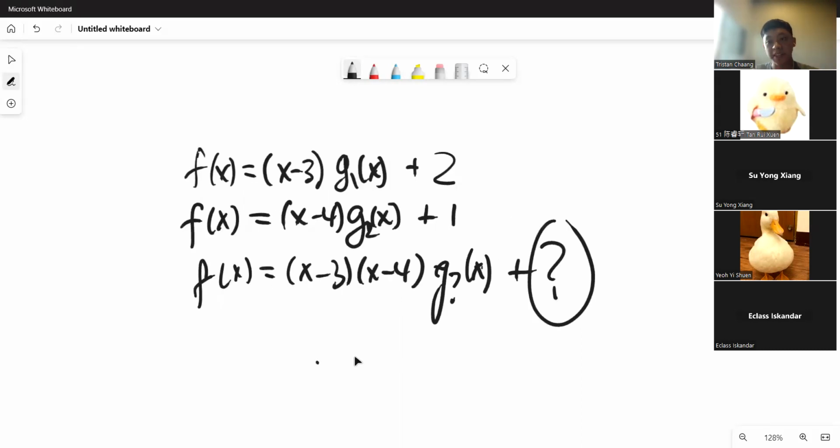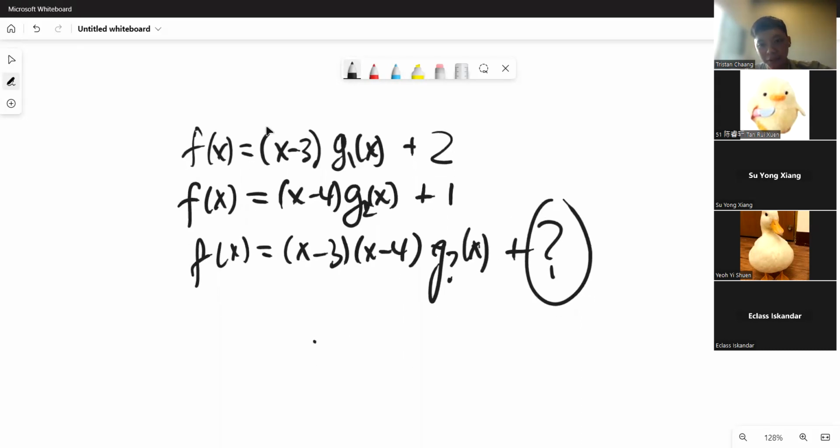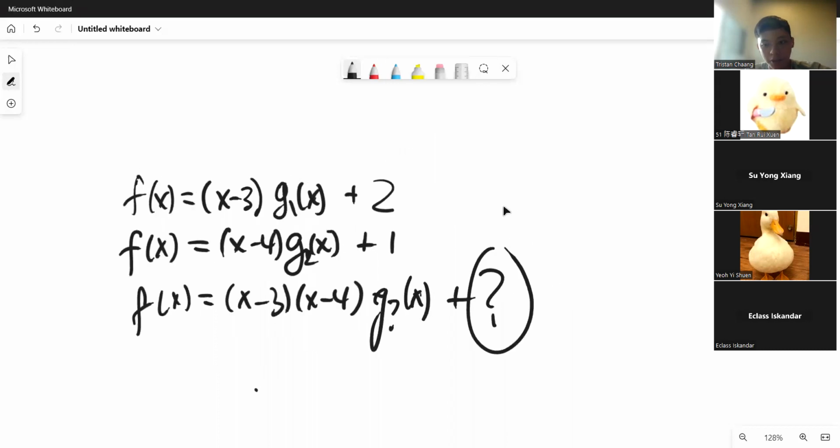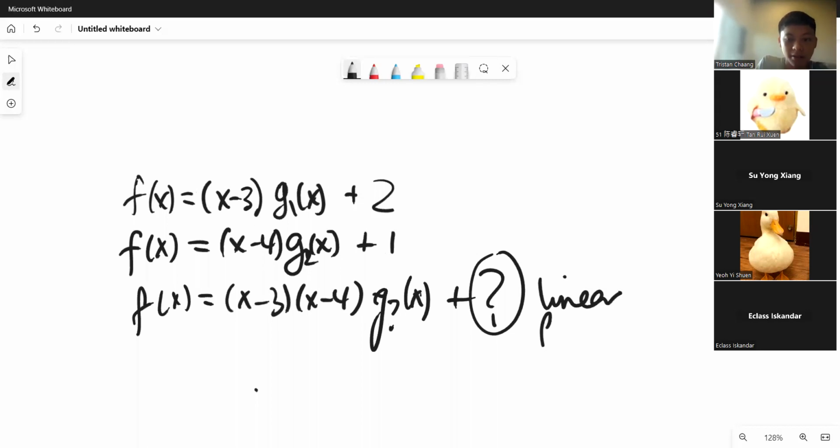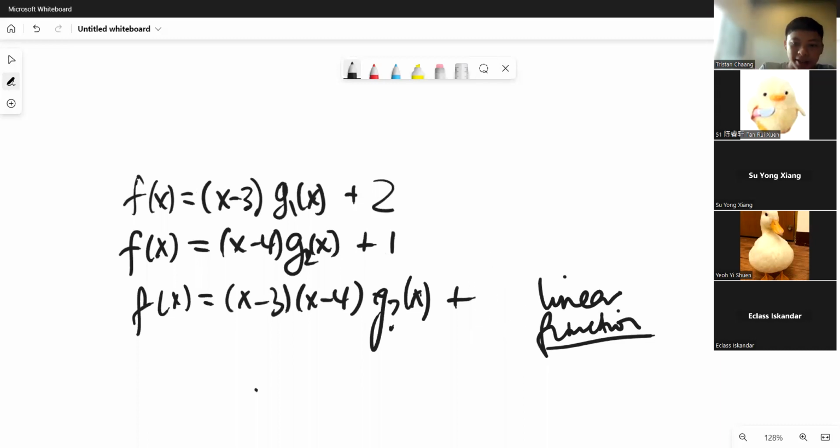But there are probably a lot of techniques that you've learned if you've learned something like this before. What we're going to use is just pure Lagrange interpolation, because we know that this thing must be a linear function. Okay, I don't think we even need Lagrange actually. This thing must be a linear polynomial, R(x).